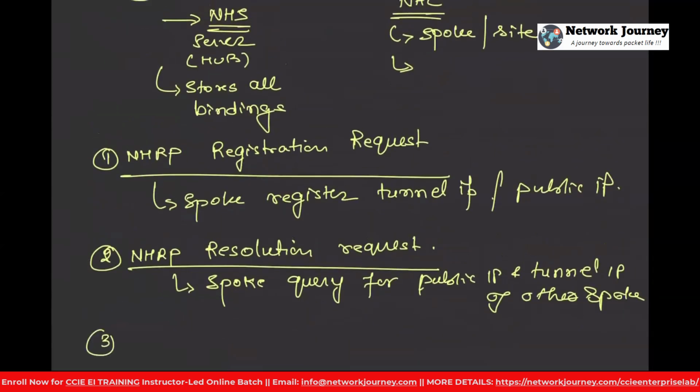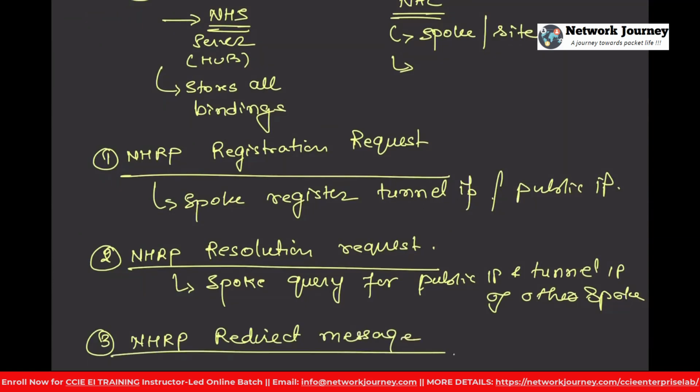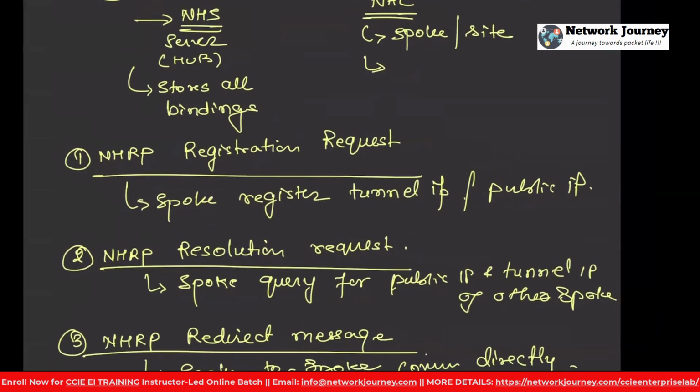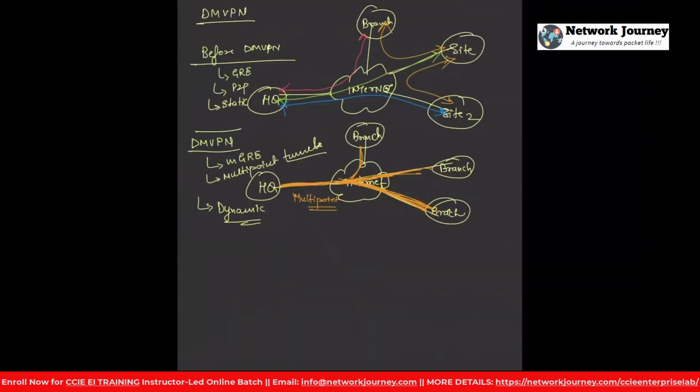And then you will have an NHRP redirect message, which is used to do spoke to spoke communication directly without involving the hub. So this is what NHRP will do for you.